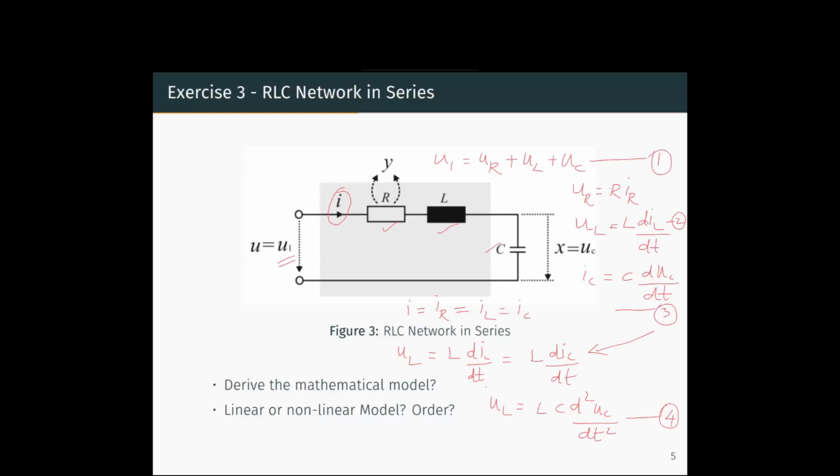Now substitute equation number 4 in the first equation, U1. After substituting, we will get the final equation: U1 equal to LC d square UC by dt square plus RC dUC by dt plus UC. So this equation gives us a relation between the output UC and the input U1. So this is the model of the system. It is a linear model and it is of order 2, a second order system.